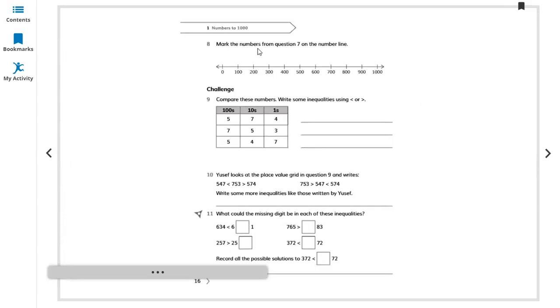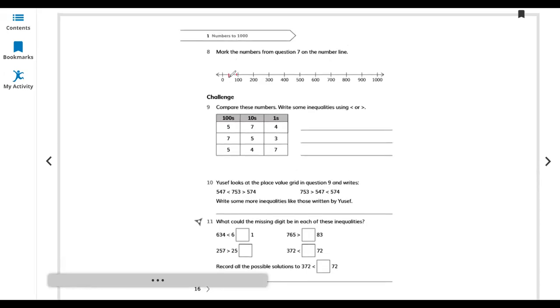Question number 8. 69 is coming here, and 98. 98 is coming here and 69 coming here, and after 69 and 98 we have the next number.